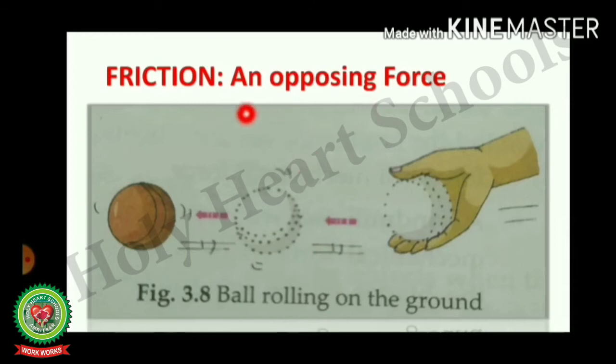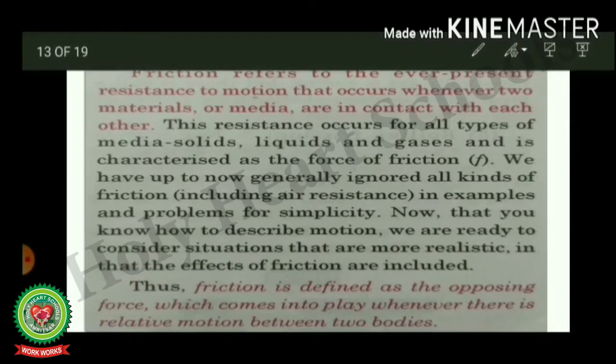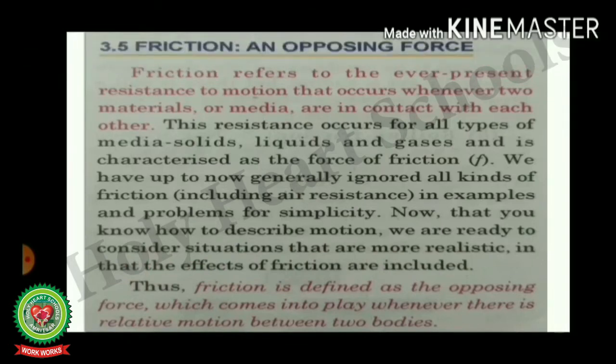So, what is friction? Friction is an opposing force which comes into play whenever there is relative motion between two bodies. Let's read the topic. Friction and opposing force. Friction refers to the ever-present resistance to motion.